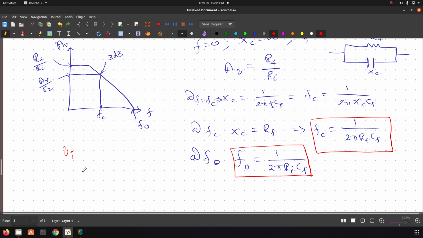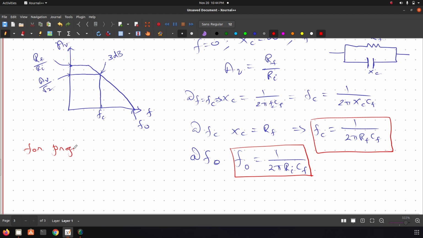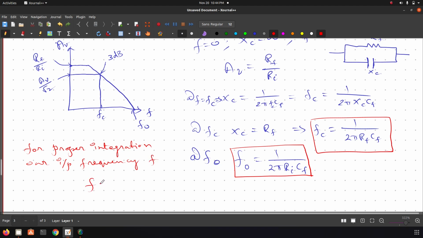So for proper integration, our input frequency f should be greater than fc, but it should be less than f naught.